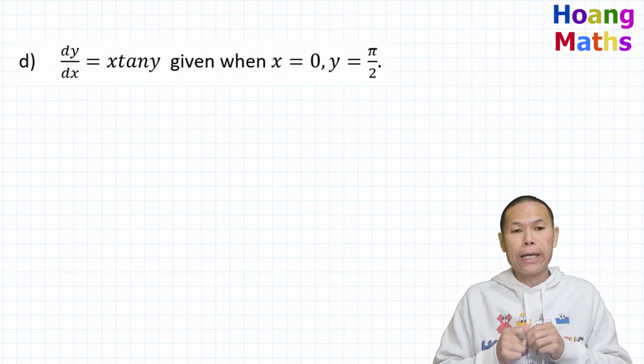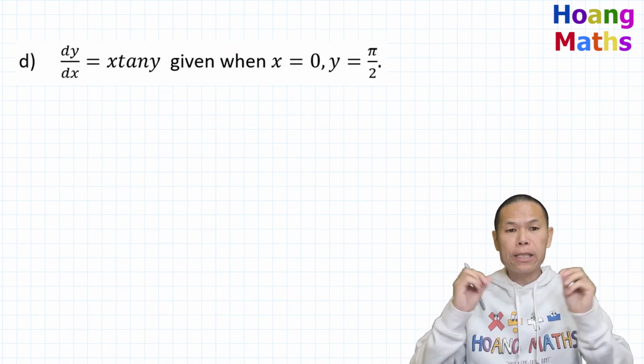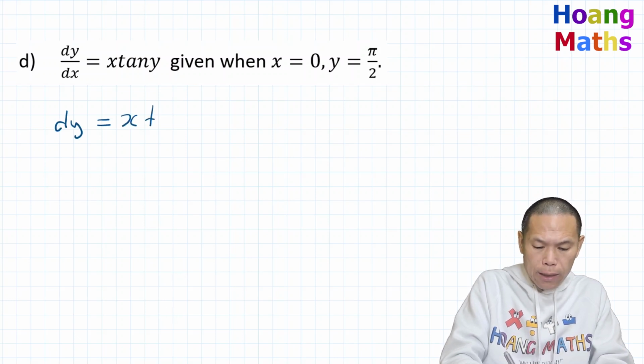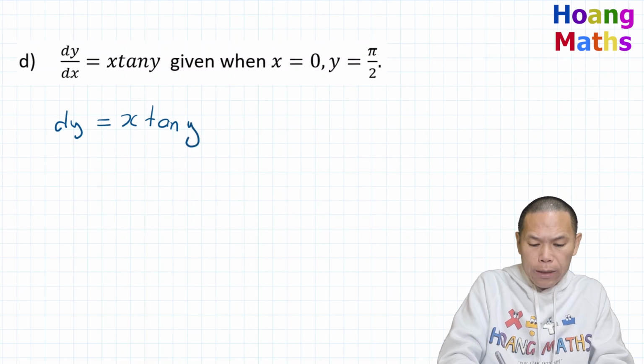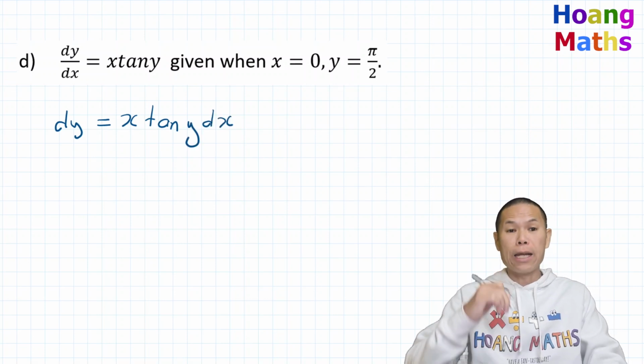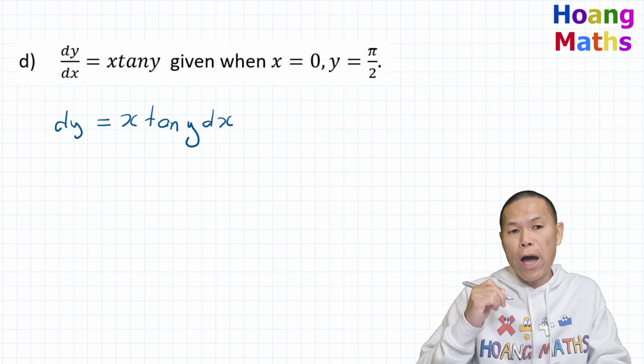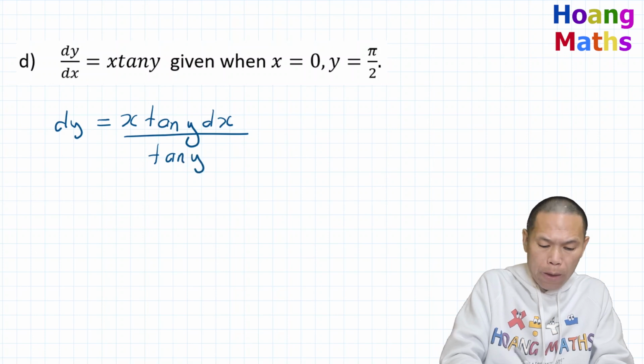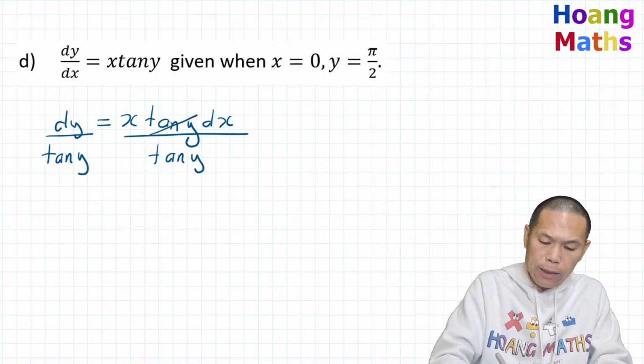Part D. Again, we just need to multiply by dx on both sides first. So dy is x tan of y dx. And I divide by tan of y on both sides, so that cancels out.